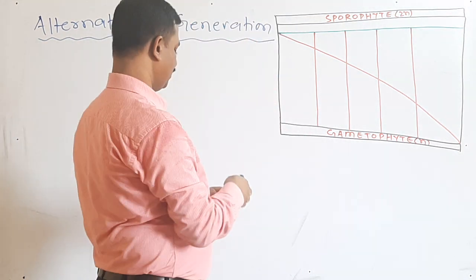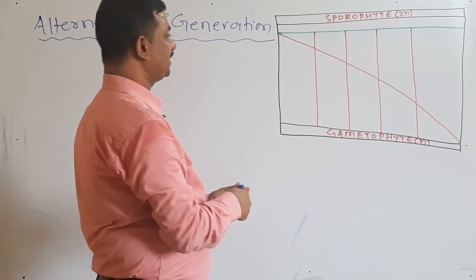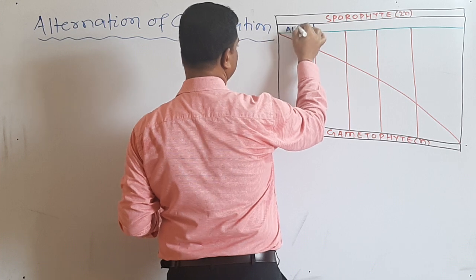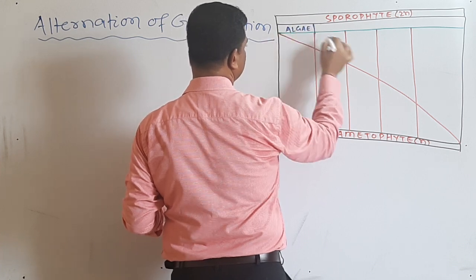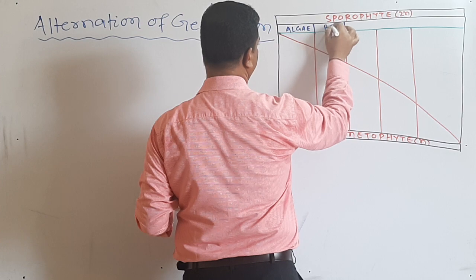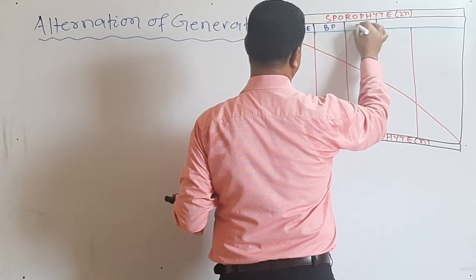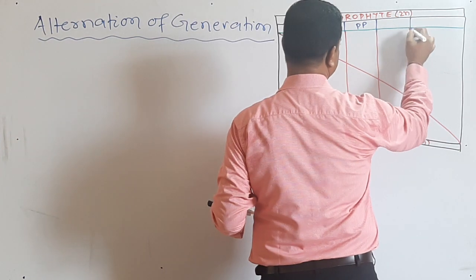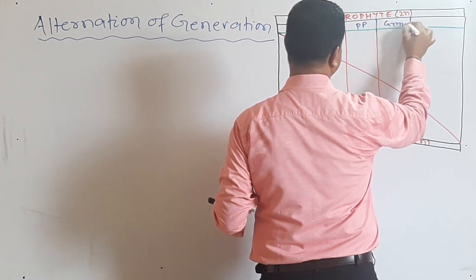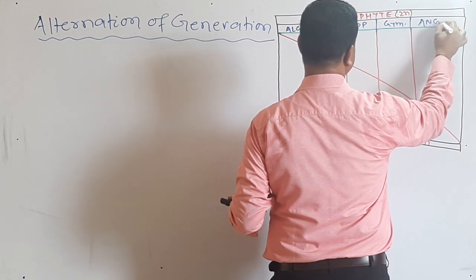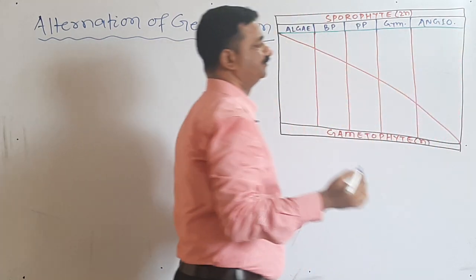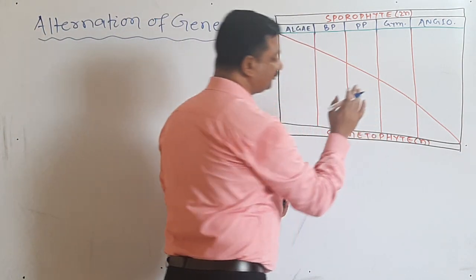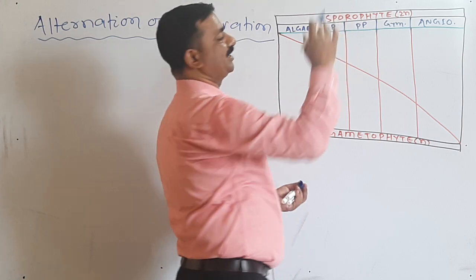See, the first stage represents algae, this represents bryophyta, pteridophyta, PP for pteridophyta, gymnosperm and angiosperm. What are you finding? I have drawn the gametophyte here and this is your sporophyte.